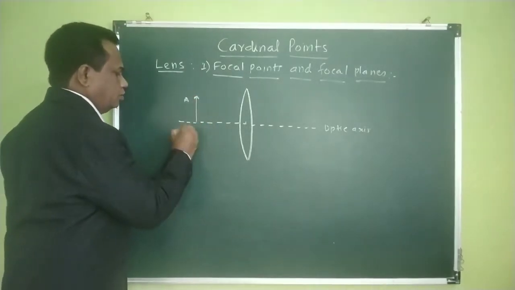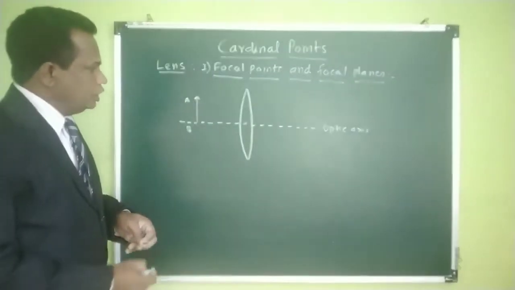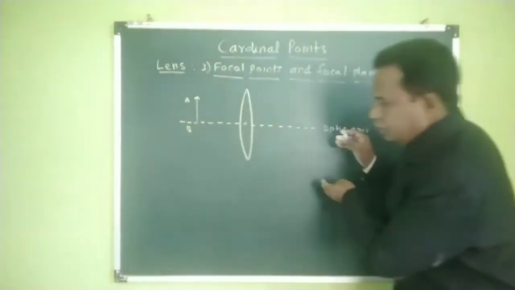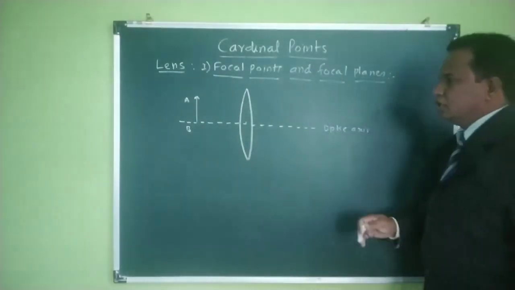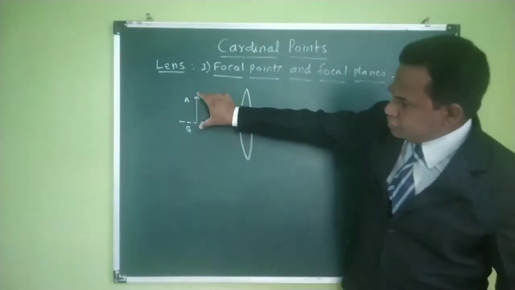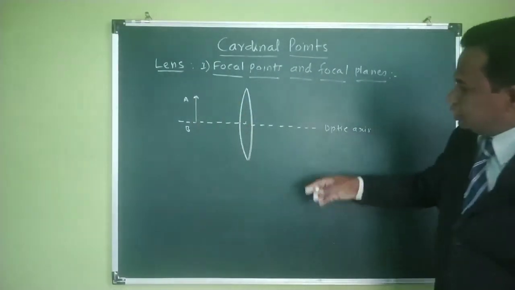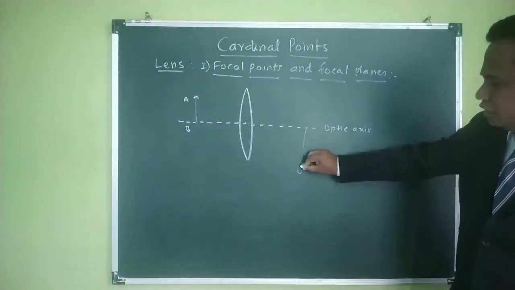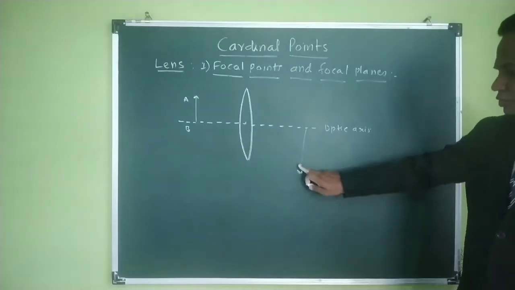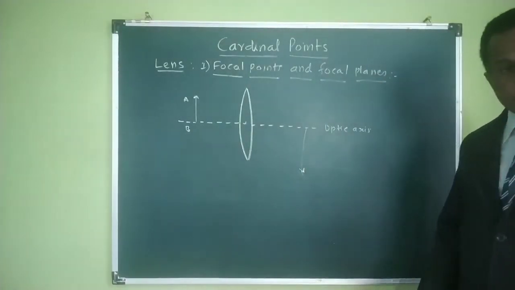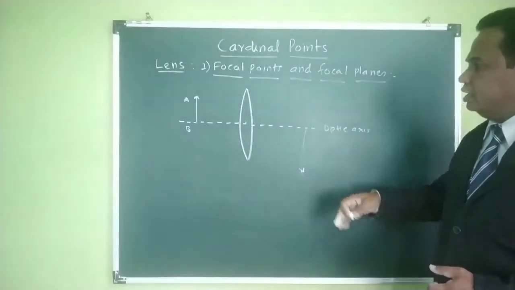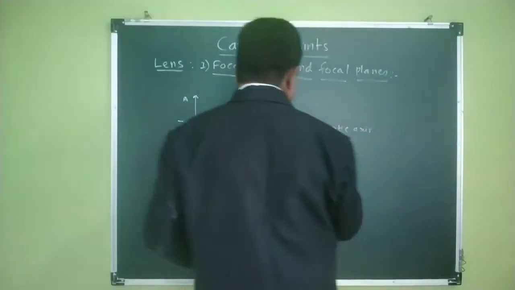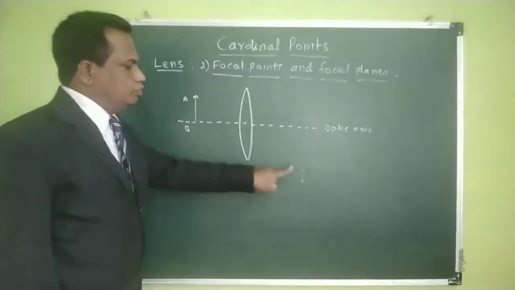AB is the object, and if I look from this side, you can observe that the image of this object is enlarged as well as inverted. Why it is inverted and why it is enlarged, we are going to see by considering the properties of focal points.